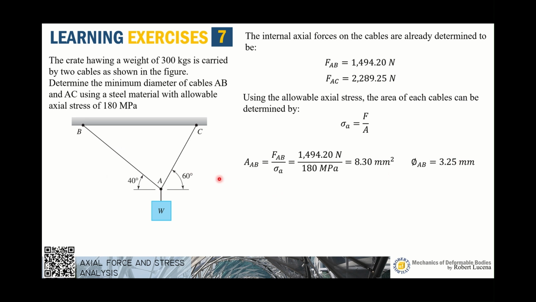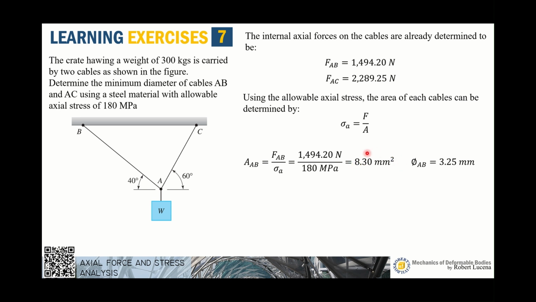So, for cable AB, we can solve for the cross-sectional area of cable AB by using F over the allowable stress. The internal reaction at cable AB is 1,494 divided by the allowable stress of 180 MPa. So that is equal to 8.30 square millimeters.